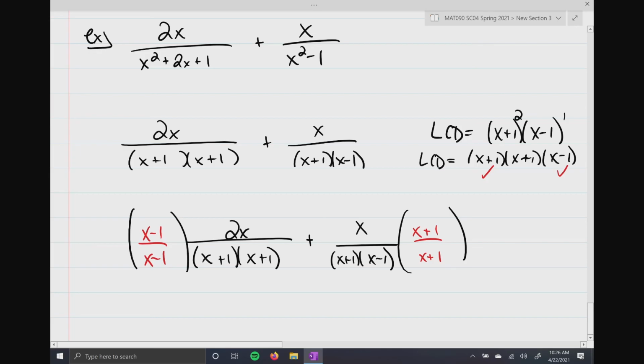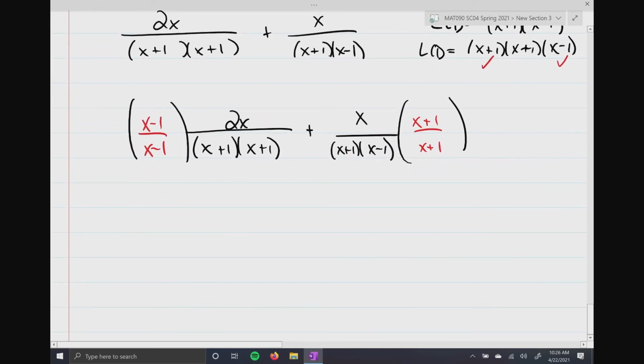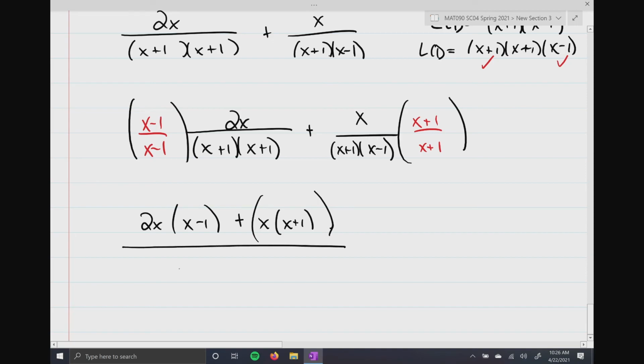So I rewrite the entire numerator and only write the denominator once. 2x times x minus 1 plus x times x plus 1. I put the second thing in parentheses, all over x minus 1 times x plus 1 times x plus 1. It really doesn't matter the order.